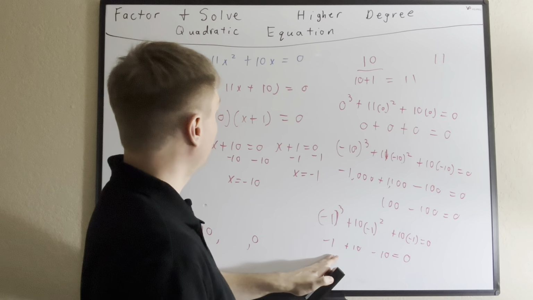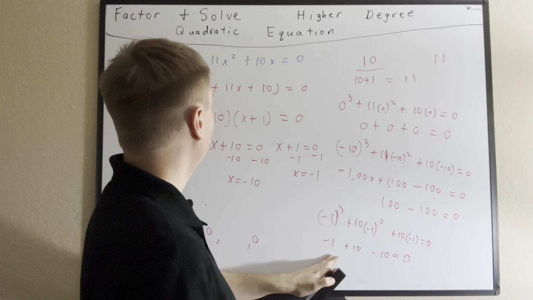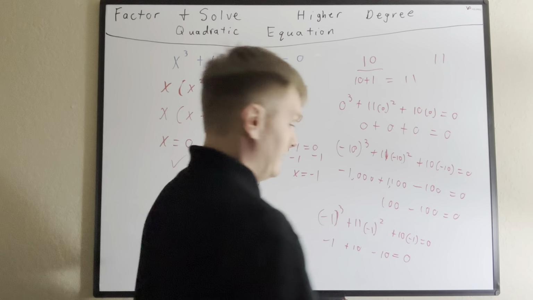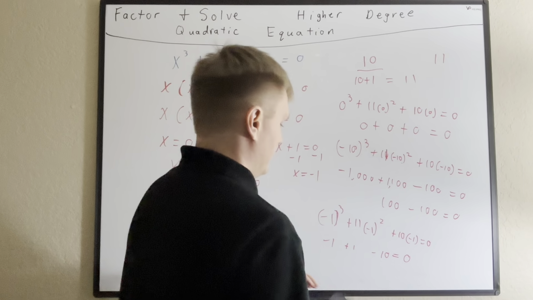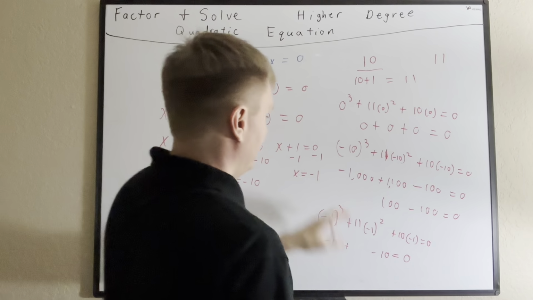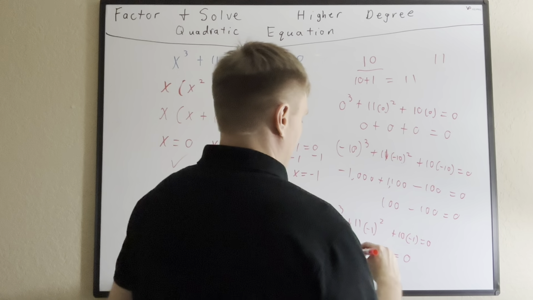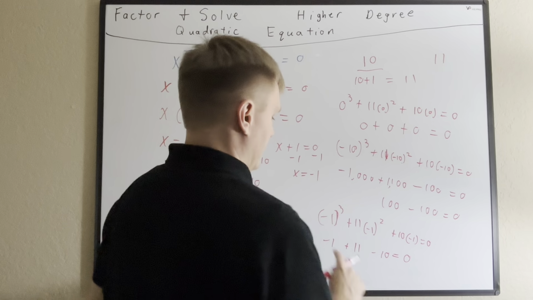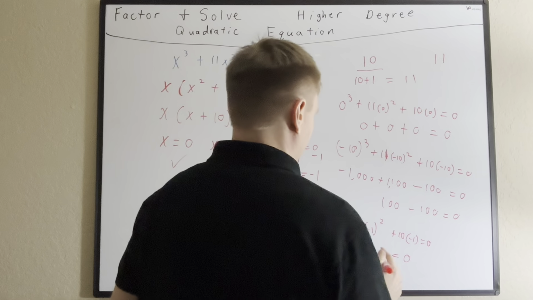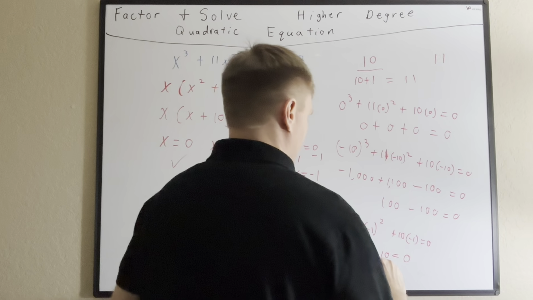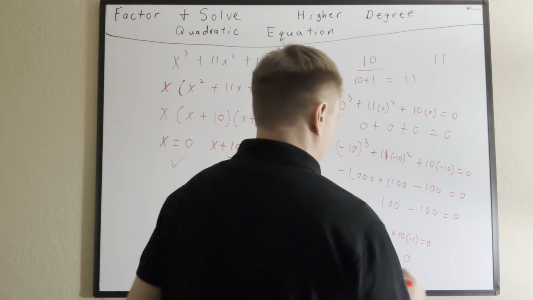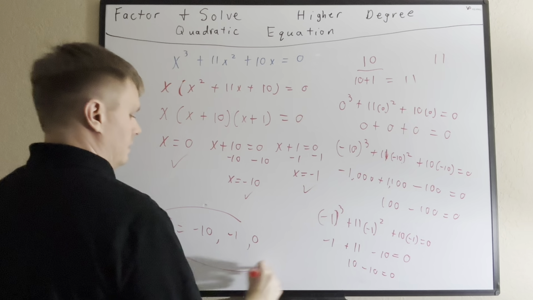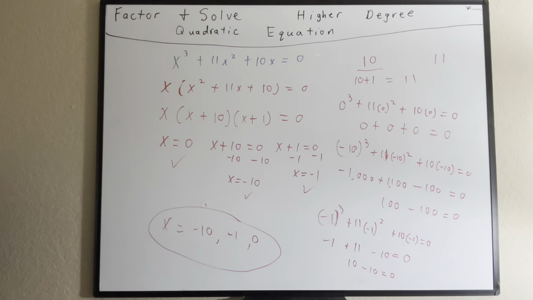What do we got here? Did I do this right? Oh, no, I did not. That is an 11. Freak me out. Always make sure you copied it down correctly. Negative 1 squared is positive 1 times 11 is 11. Negative 1 plus 11 is 10 minus 10 equals 0. So that is checked. We got all three of our answers.